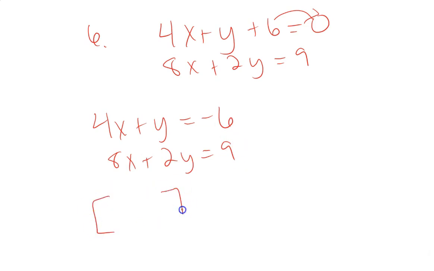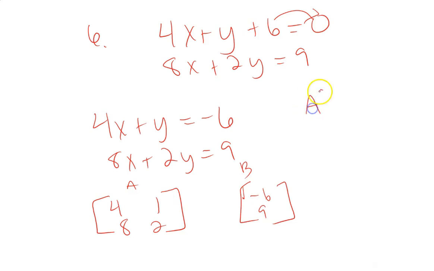Okay, and if you remember from a few weeks ago, matrix A is 4, 1, 8, 2. Matrix B is negative 6 and 9. You enter those in your calculator, and then you do A inverse B.